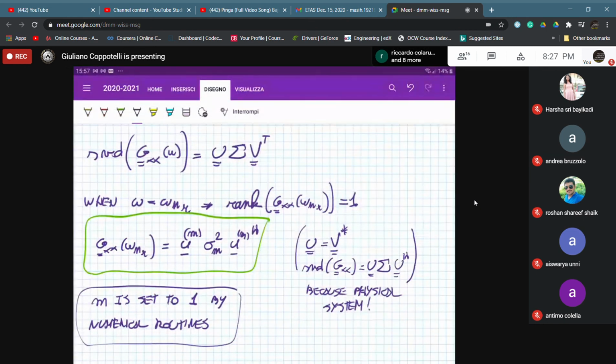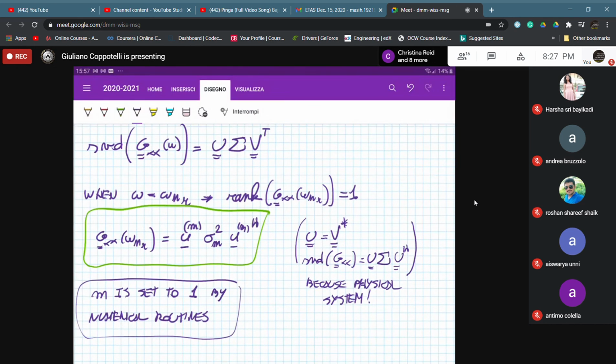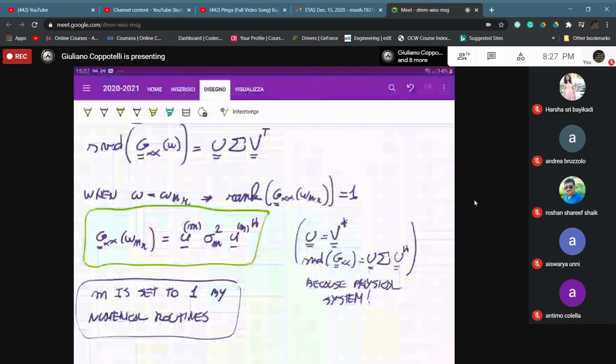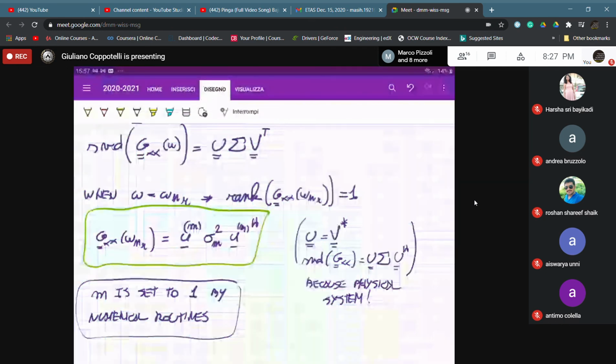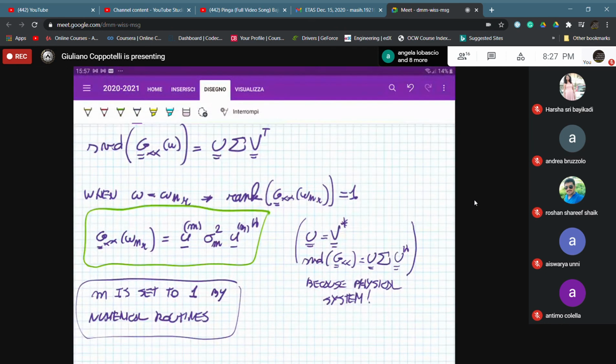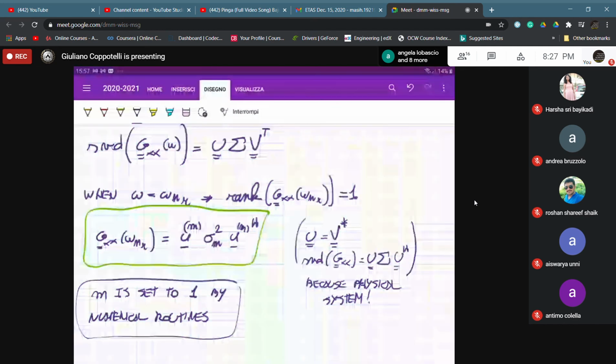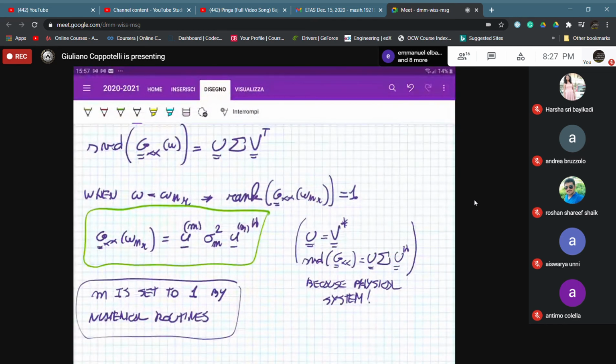And therefore, just by tracking the singular values, when we are at the frequencies which correspond to the highest singular value, then we have found the natural frequency. Because of the equation that I marked with green, we can also get an estimate of the eigenvector from the corresponding singular vector, okay? And then we are done.